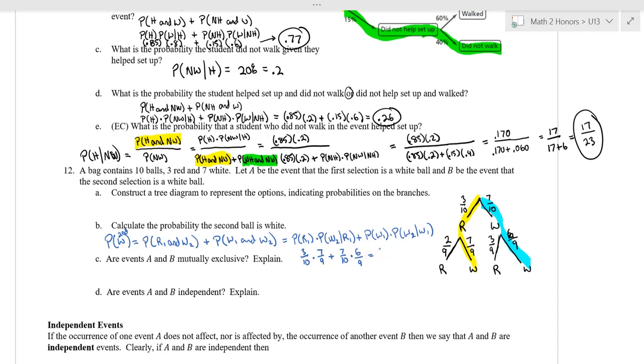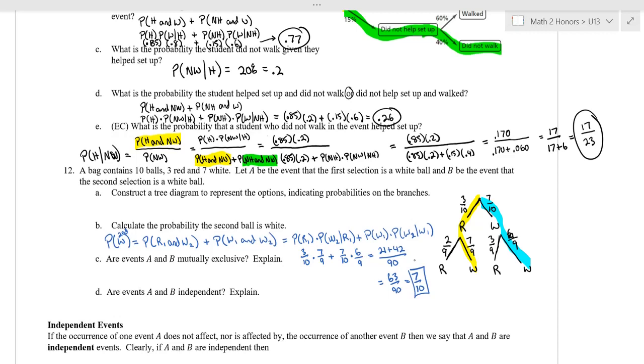So that's 3 times 7 is 21, 7 times 6 is 42, all over 90, which is 63 out of 90. Divide top and bottom by 9. We get 7 out of 10, which is what we would expect.